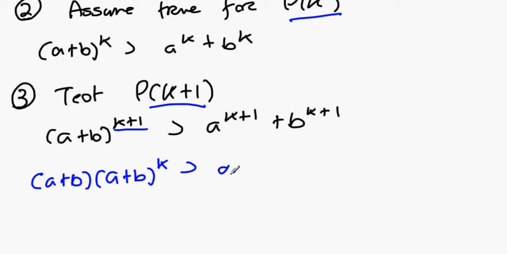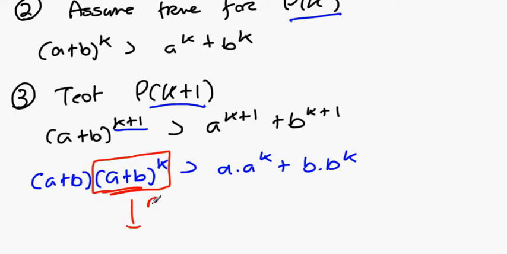Then we're going to have A times A to the K plus B times B to the K. Now, if I replace this number here with a less than or equal, so replacing a number with a smaller number.